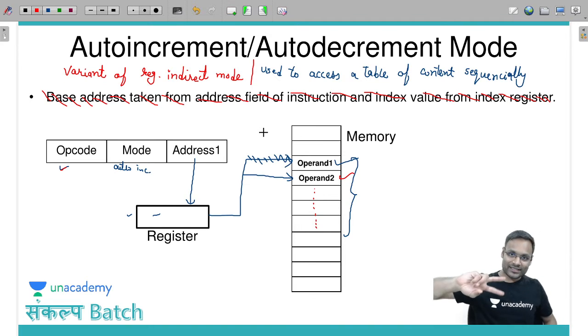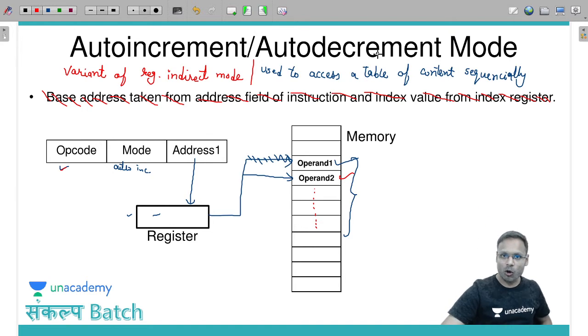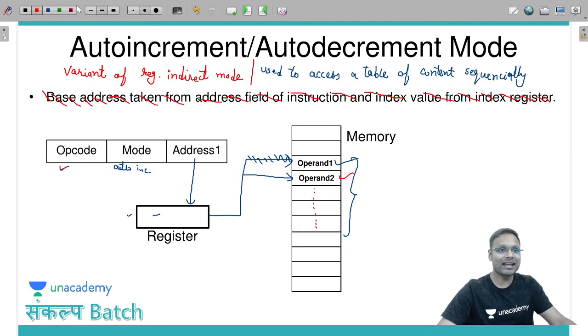And if we want to access the table of content in the reverse order, then we will go for auto decrement mode. Table of content is nothing but sequential content. Maybe it can be an array. The auto increment mode is post increment, and auto decrement mode is pre-decrement.